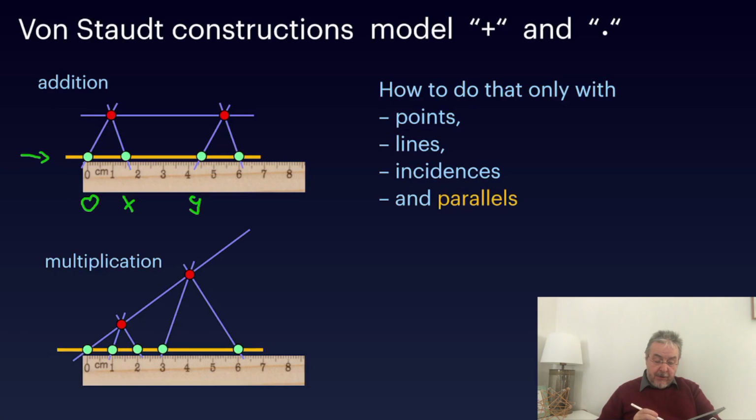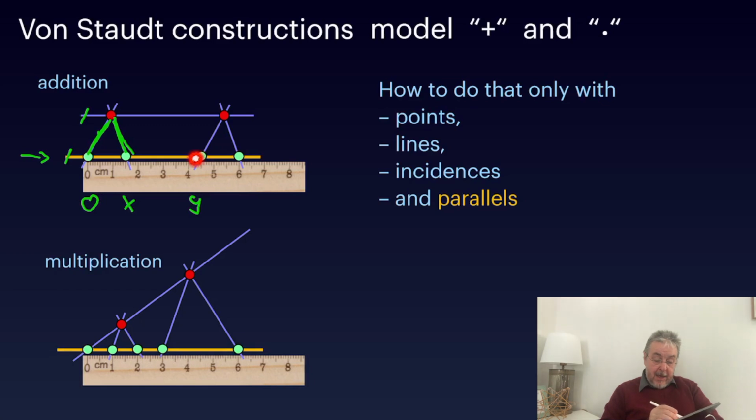So the construction goes as follows. First, choose a line that is parallel to the other line, the blue line up there, and then on that line choose an arbitrary auxiliary point, the red point here. From that point, draw two lines connected to your two green points. And now do the following construction.